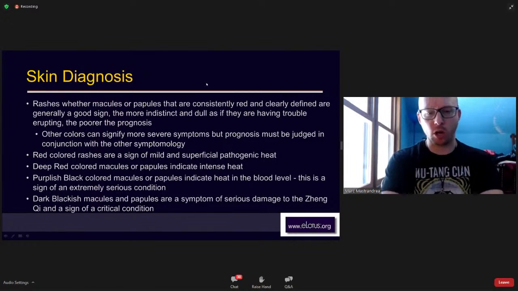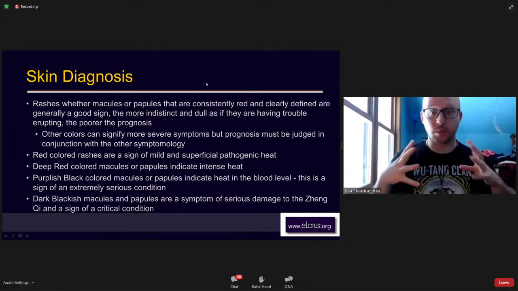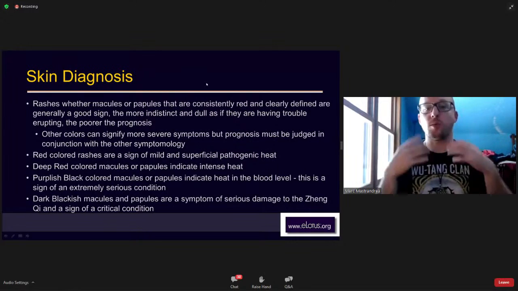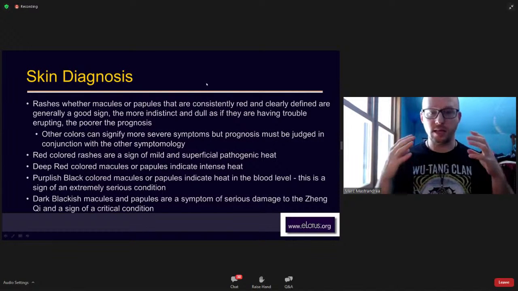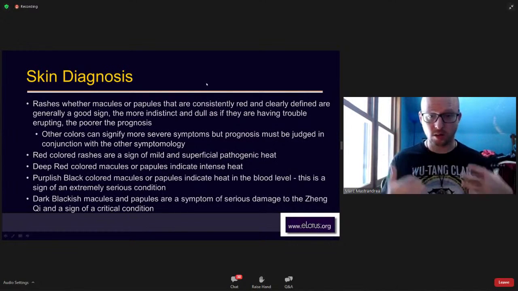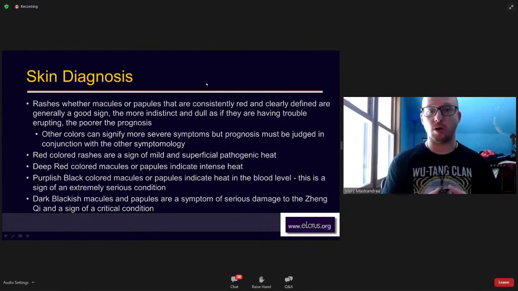So dark red, the darker the macules get, just like we see on the tongue, we see this present in the blood. The darker the tongue gets, the more intense the heat is. The darker the spots are, the more intense the heat is. The darker, the more purplish, the more heat in the blood level causing extreme conditions, blood stasis.